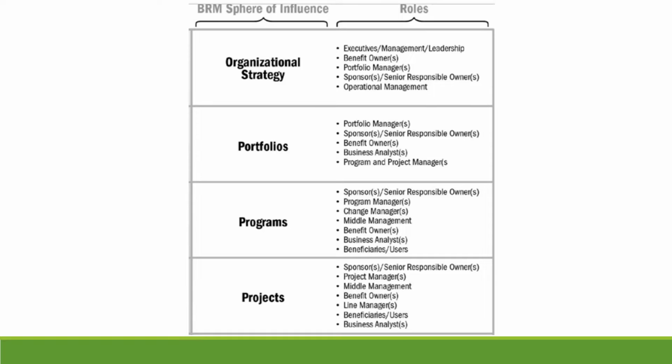At program level, it is influenced by program managers, change managers, middle management, business analysts, and beneficiaries. At project level, it is influenced by project managers, middle management, line managers, business analysts, right? Beneficiaries and users. So this gives an overall picture on BRM spheres of influence and the roles influencing that BRM sphere.